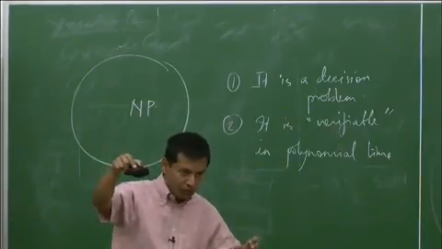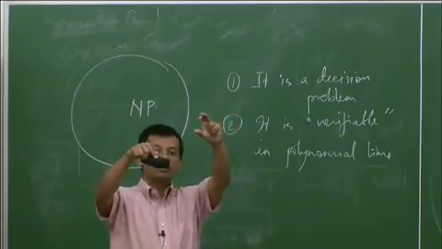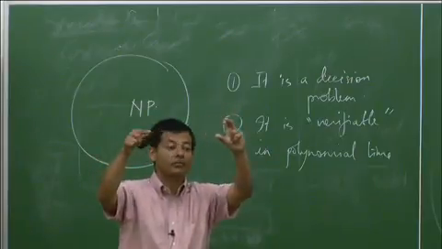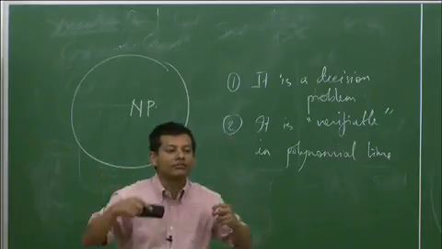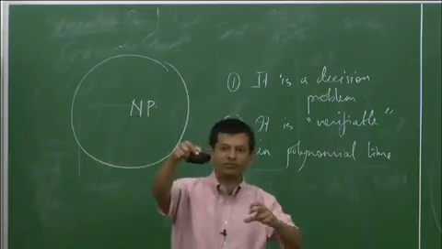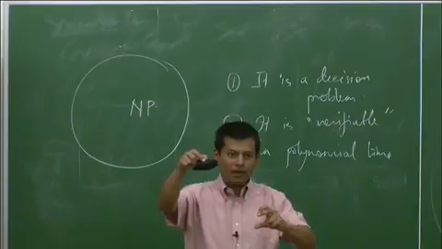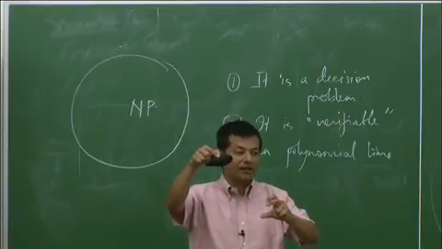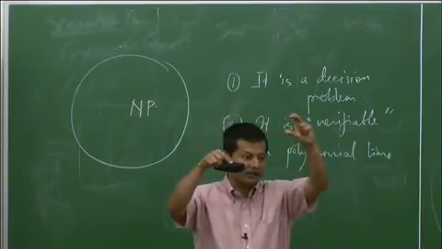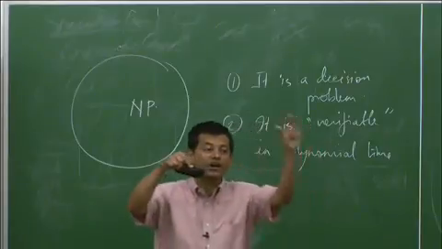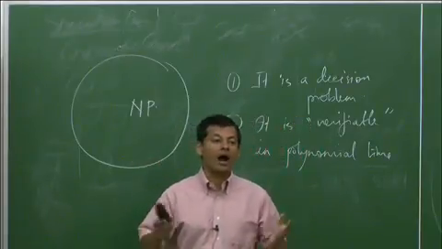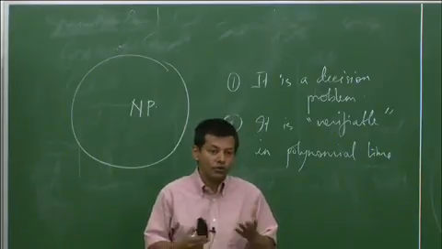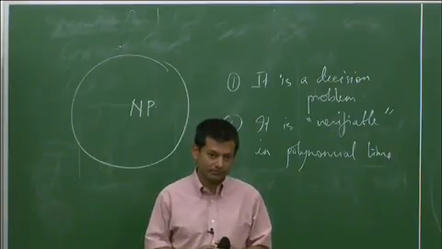If the solution had turned out to be here, I would have said no. This is the problem we are having great difficulty with. So we ask ourselves a simpler question: if somebody were to give us this certificate, could we at least look at that certificate and say whether it's lying here or lying there? Because if we cannot do that, then solving the original problem is outside our capacity to do in polynomial time.